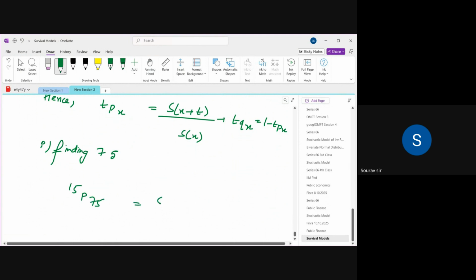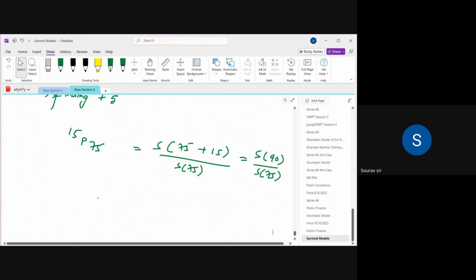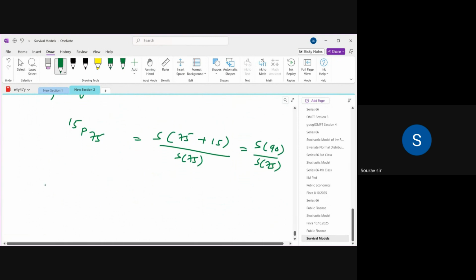15p75, so that is S(75+15) by S(75). That comes to S(90) by S(75). You substitute S(x) as 1 by x. So 15p75 will be 1 by 90 divided by 1 by 75, so that is 75 by 90, that is 0.833.